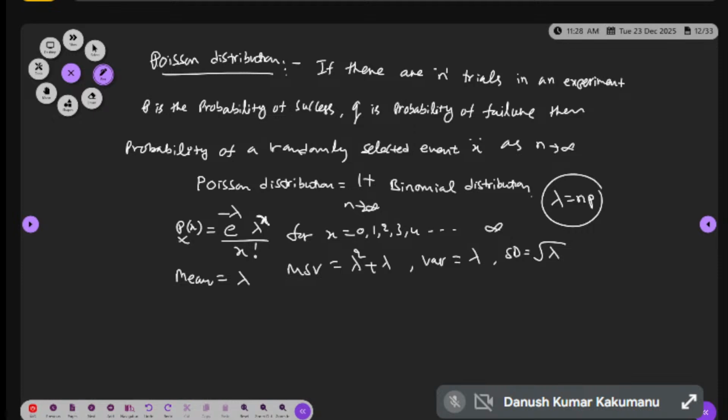How many parameters are there here? Number of x is not the parameter, remember. There is one parameter, lambda. Are you understanding?